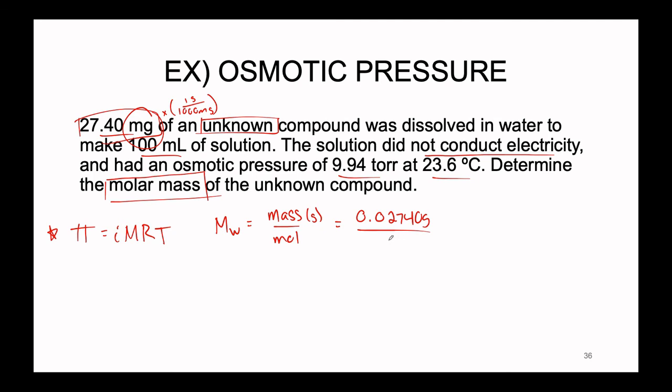So what we can see here is we are now currently missing a value in moles. However, we can find this by using the previously mentioned osmotic pressure equation. So let's assess the variables that we have and plug them into our equation to solve for number of moles. First and foremost, since we want to have one equation and one unknown, it'll probably be useful to rearrange this a little bit.